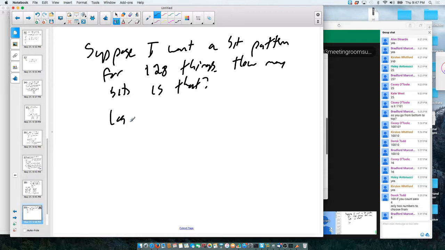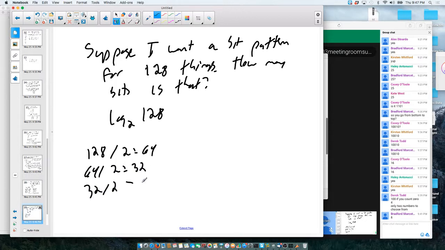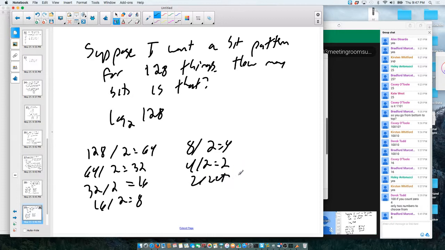Well, it's log to the base 2 of 128, or it's start dividing. 128 divided by 2 is 64. 64 divided by 2 is 32. 32 divided by 2 is 16. 16 divided by 2 is 8. 8 divided by 2 is 4. 4 divided by 2 is 2. 2 divided by 2 is 1. 7 divisions. Okay, so that's just applying the formula. Okay, so I wanted to show that to you.